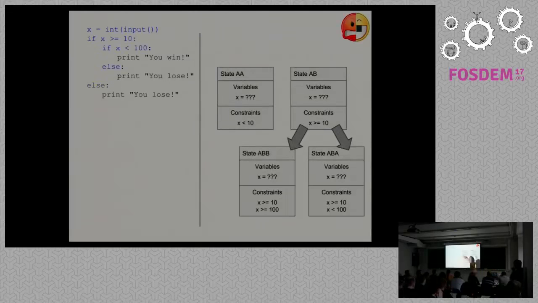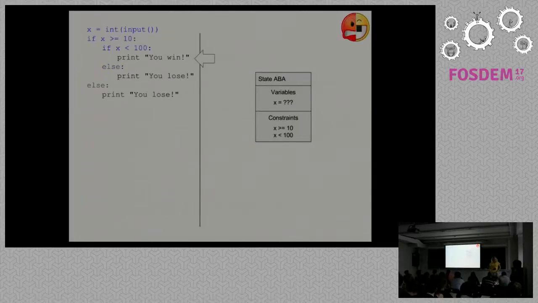So then state AB is going to further branch on the second if statement, and it's going to add the constraints on the state: x is less than 100, x is greater than or equal to 100. And so now we can say that state ABA is the state that ends up being at the target spot. And we can tell that. So therefore, we just invoke a constraint solver on the value of x given those variables. And we end up with, well, there is a possible value of x that could, and does, cause the program to take that path. So that's symbolic execution. That's the goal here.